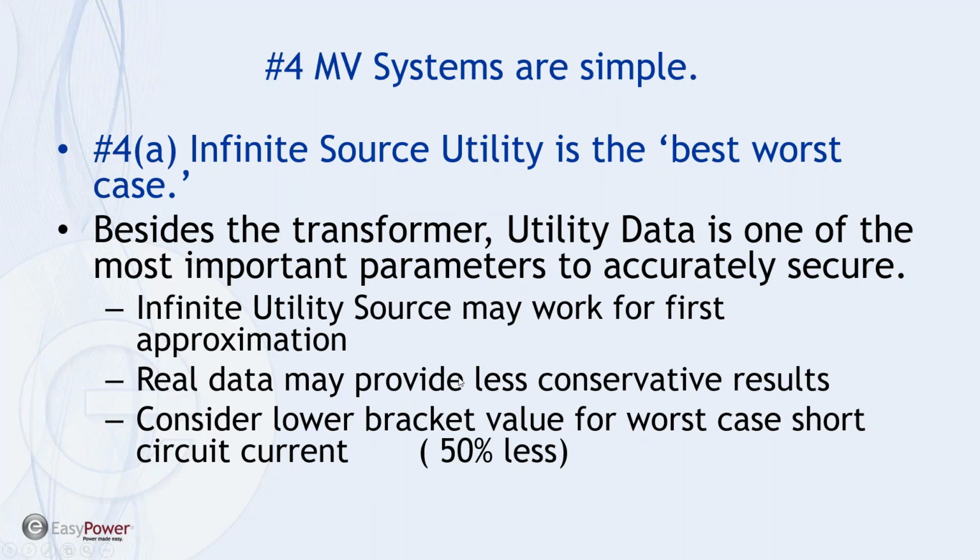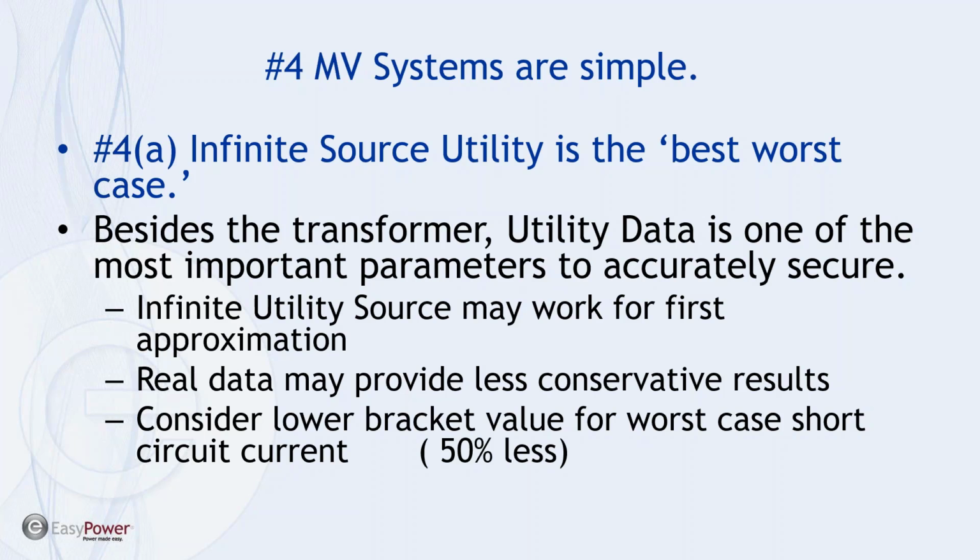On the other hand, the infinite source may not be the best case for calculating incident energy, or the most conservative case, and frequently the real data, that is the most typical short circuit current available at any given time, would be better for calculating arc flash.